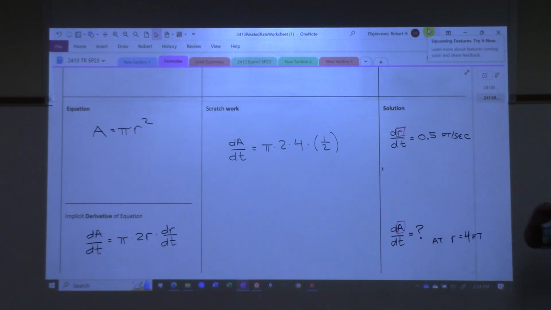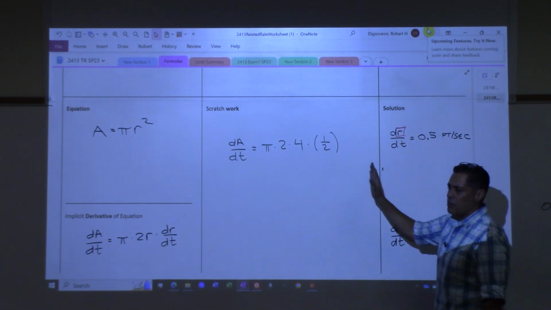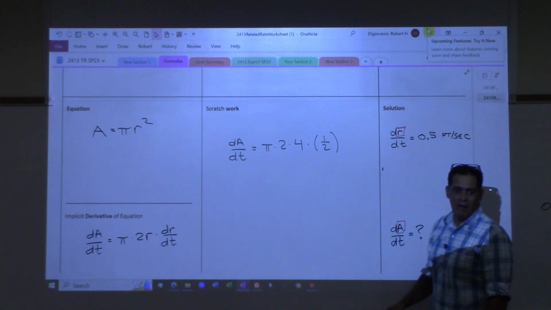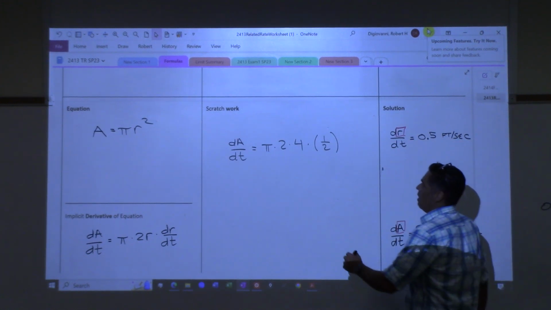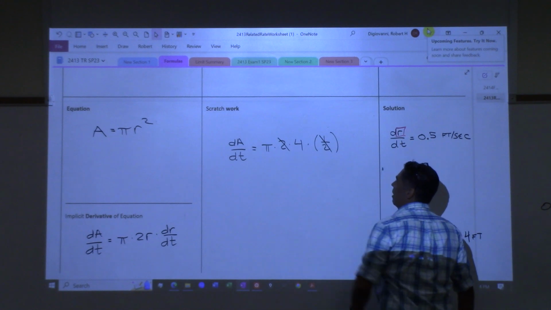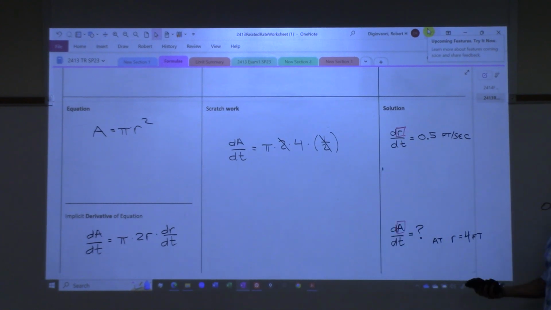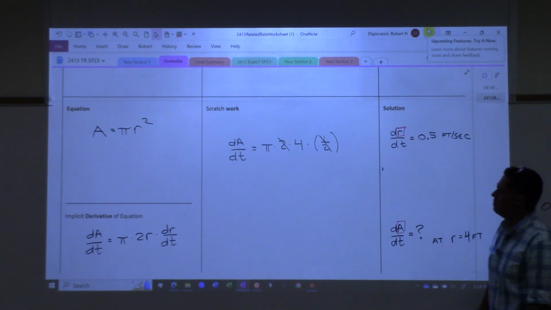Some calculus professors are pretty adamant about putting units on here. I'll show you why I don't care about the units in a second. We're going to put units on our answer, but I'll show you why I'm not going to carry them through the whole problem, all right? All right, let's clean this up. That goes away, right? Our answer is 4 pi. I'm just going to leave it at that.